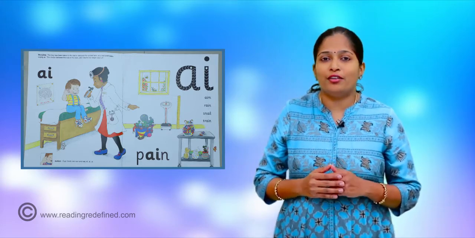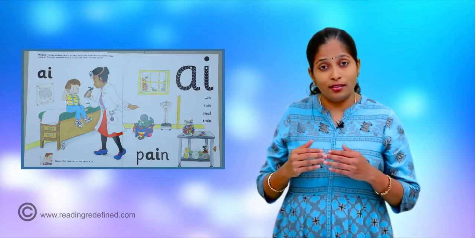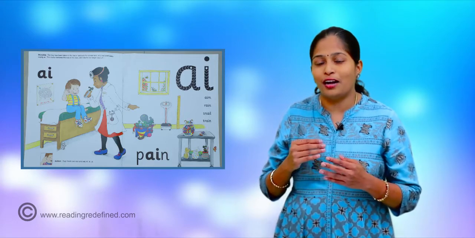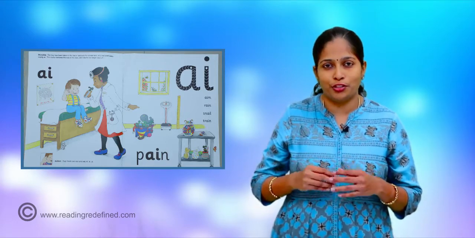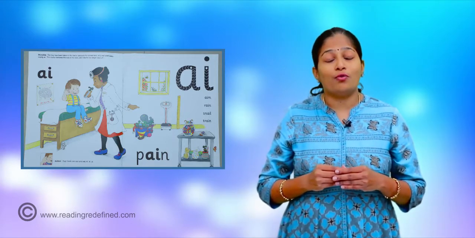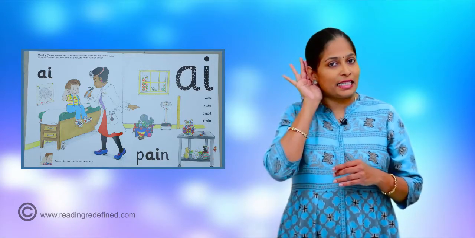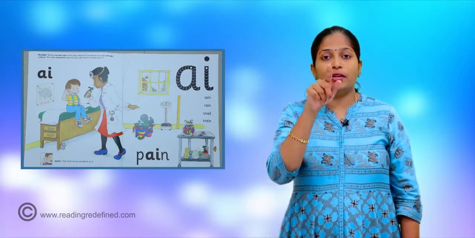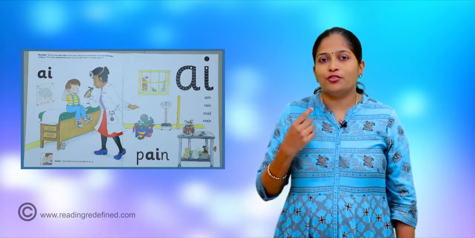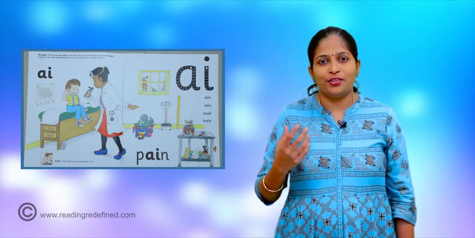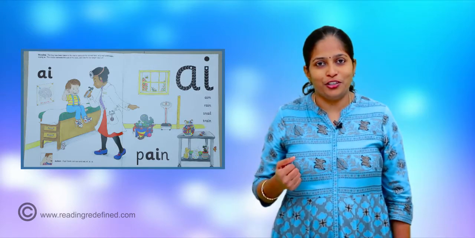So to add to all the long vowel sounds, we are going to add a bit of emotion to it. You can expect long vowel sounds in the further lessons. That is A, E, I, O, and U. So we will be adding a bit of emotion to the long vowel sounds to make it interesting for the children.